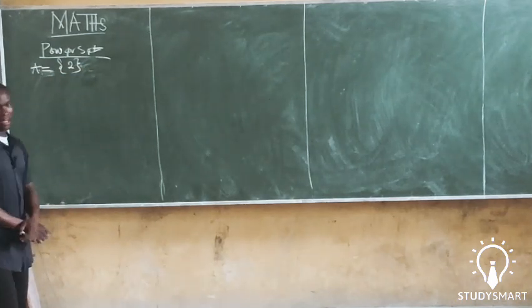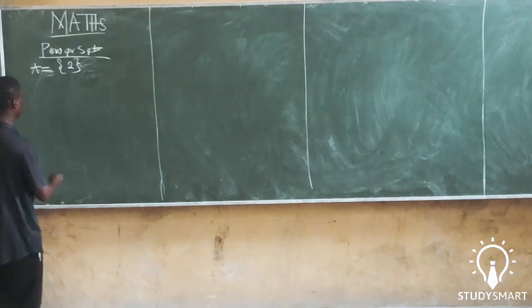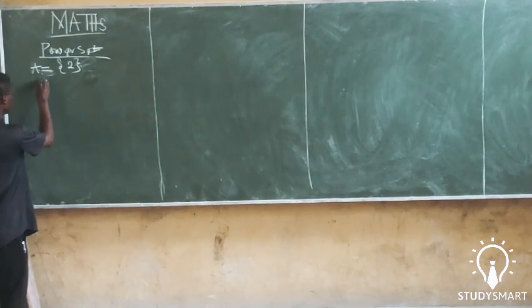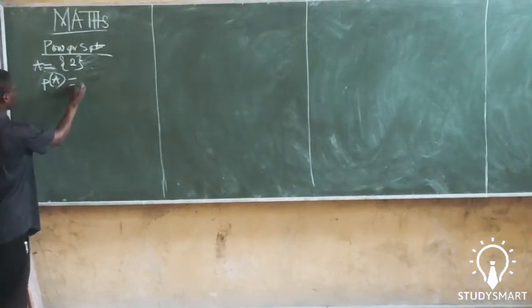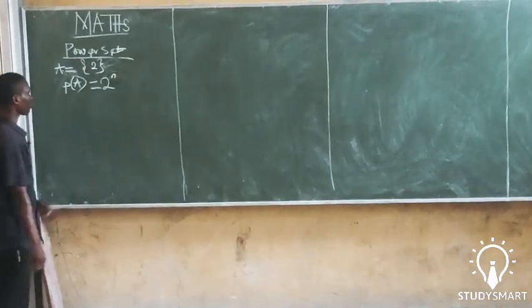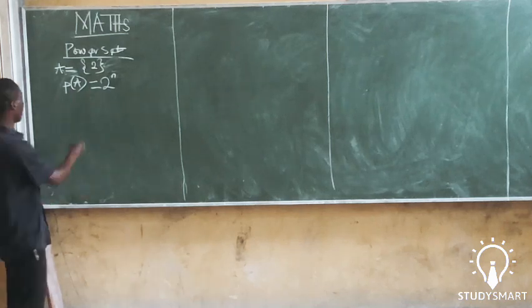And we are asked to find the power set. The power set of an element is denoted or represented by this. This is what we use in representing the power set.